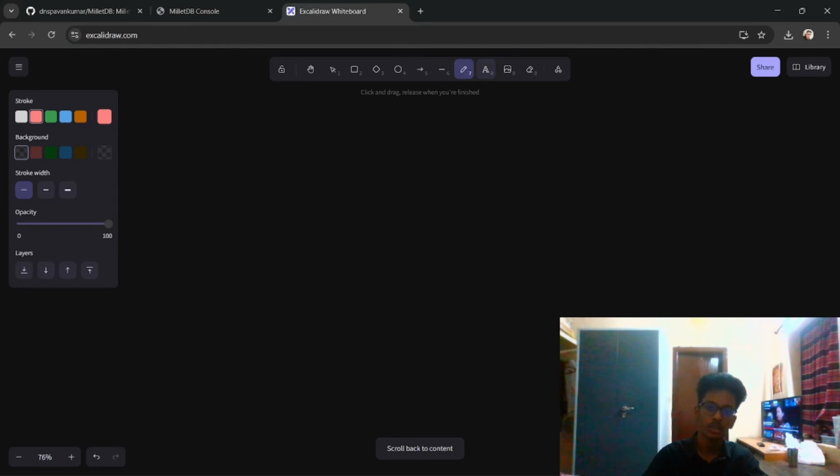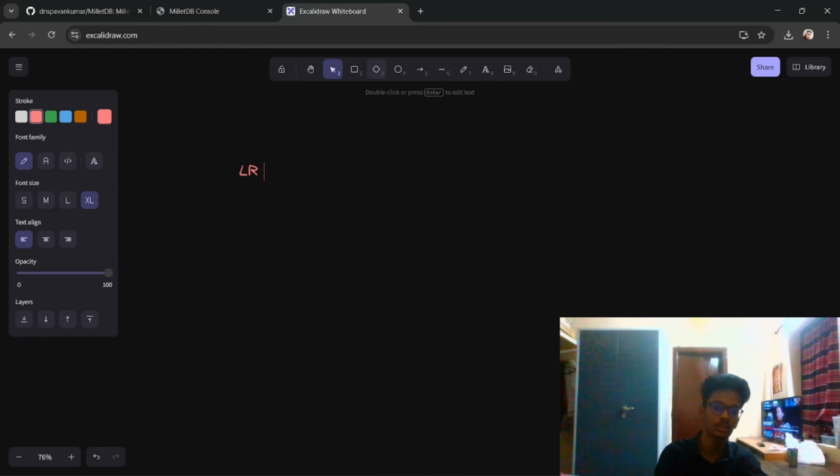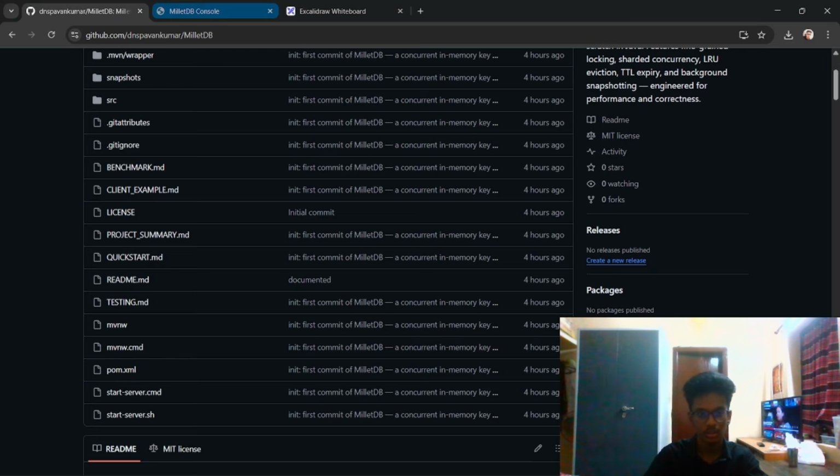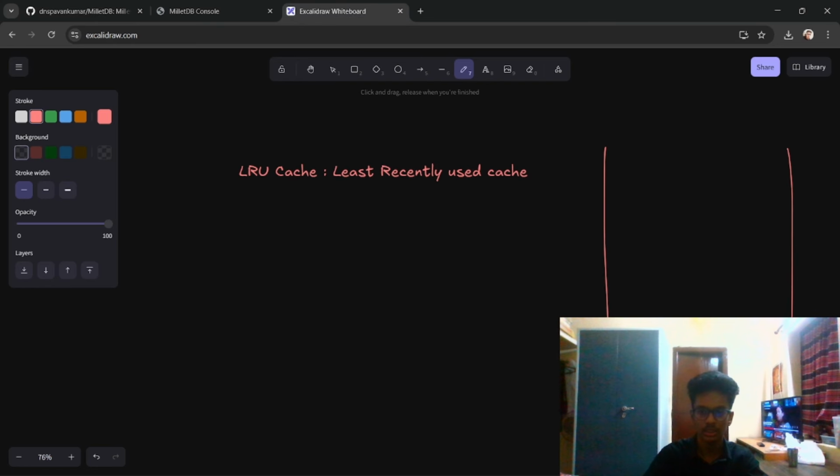Coming to the LRU cache, let me tell you what an LRU cache is on a very high level. LRU cache is least recently used cache. So what is it exactly? Say there's a school's database and it's using this, sorry, my Millet database from the year 2025.